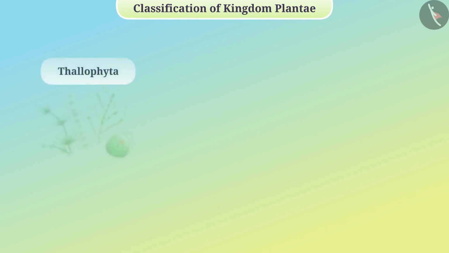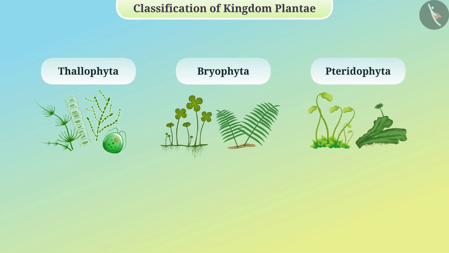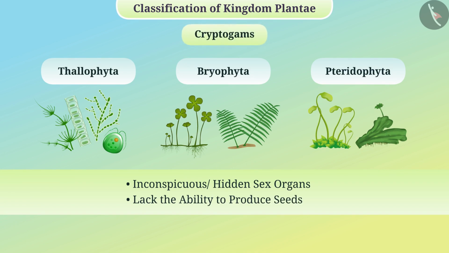Among them, Thallophyta, Bryophyta and Pteridophyta, the plants in these three groups have very inconspicuous or hidden sex organs and they lack the ability to produce seeds. So, they are called cryptogams.